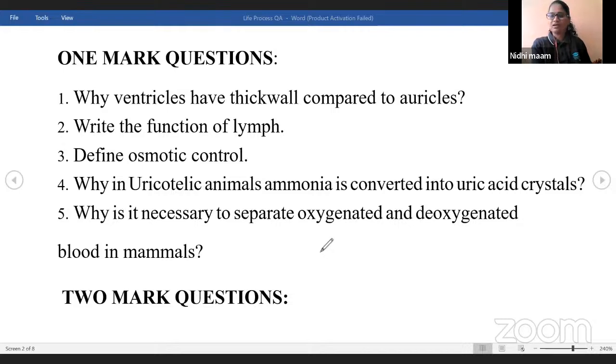Write the function of lymph. Anyone? Yes, Shreya, what is your answer on this? What is the function of lymph? YouTube students, what is the function of lymph?